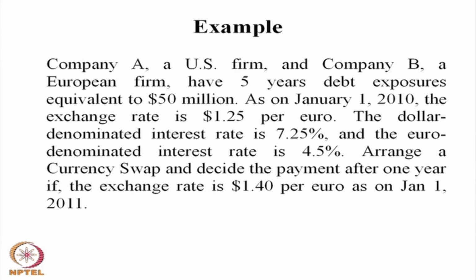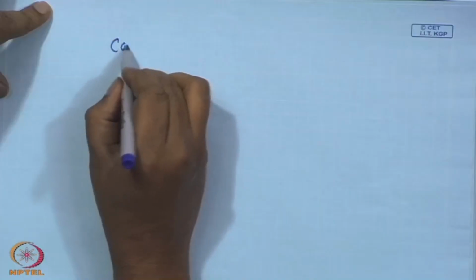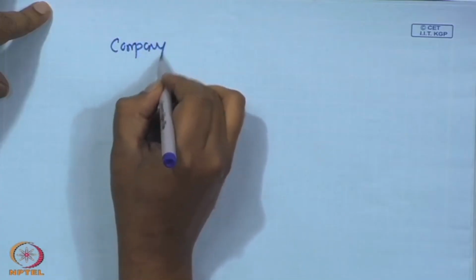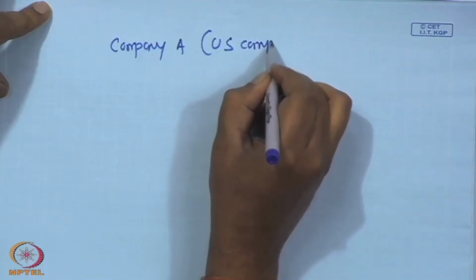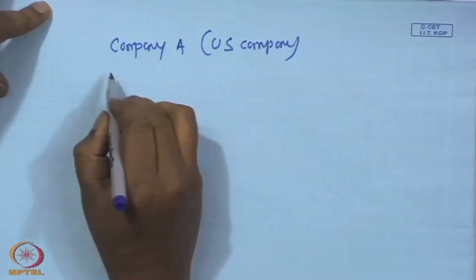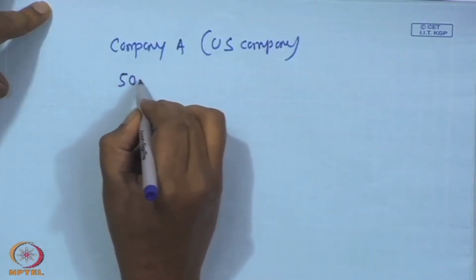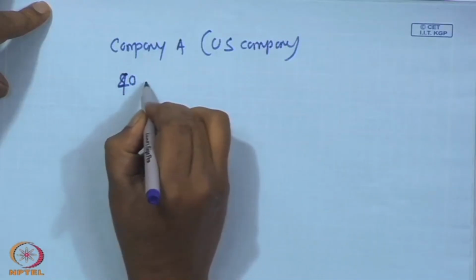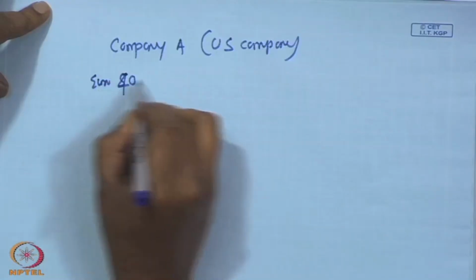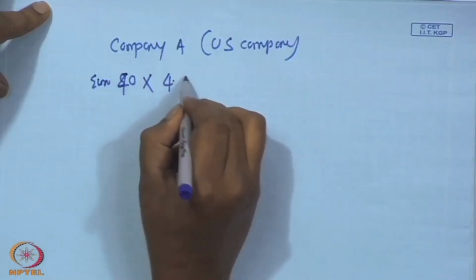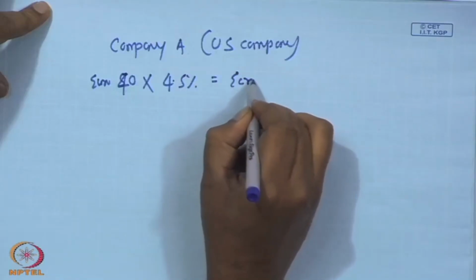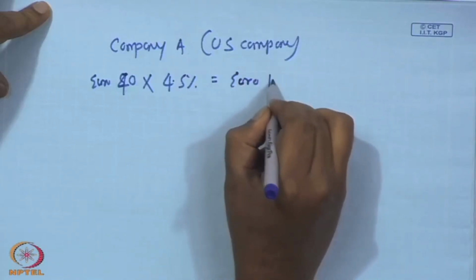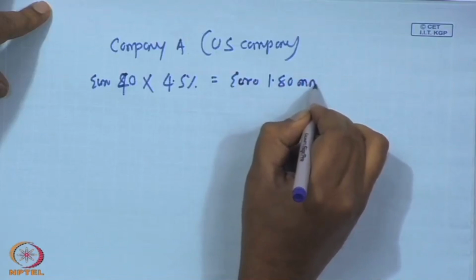The interest payment transaction will take place at what rate? Company A, that is the US company, will pay on 40 million euro at 4.5%, that is euro 1.80 million.